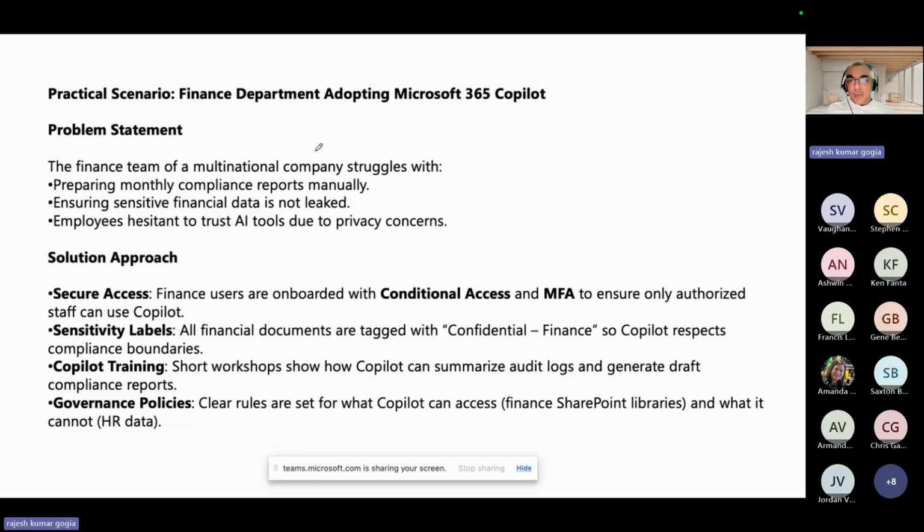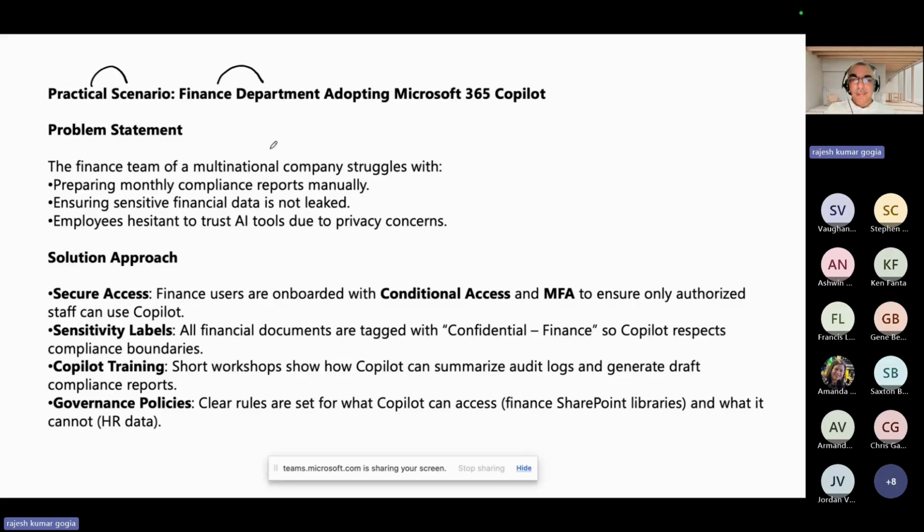what can be the solution now? Let's try to understand with a practical scenario, a use case. Imagine there is a finance department. Although there are many other departments, you've got sales, marketing, HR, IT, accounts, logistics, isn't it?